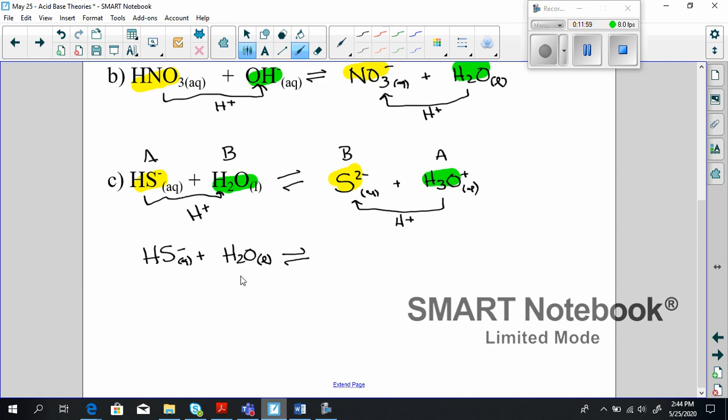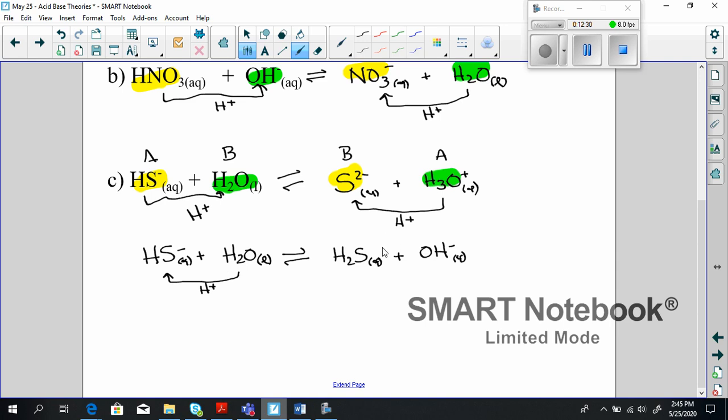So now we're showing the proton going in this direction. So HS negative is going to accept the proton. So it had one hydrogen, now it's going to have two hydrogens, so it's H2S. The net charge was negative. It gained a positive, so that means it's going to become neutral. The acids are aqueous. And H2O donates, so it's going to form OH negative.